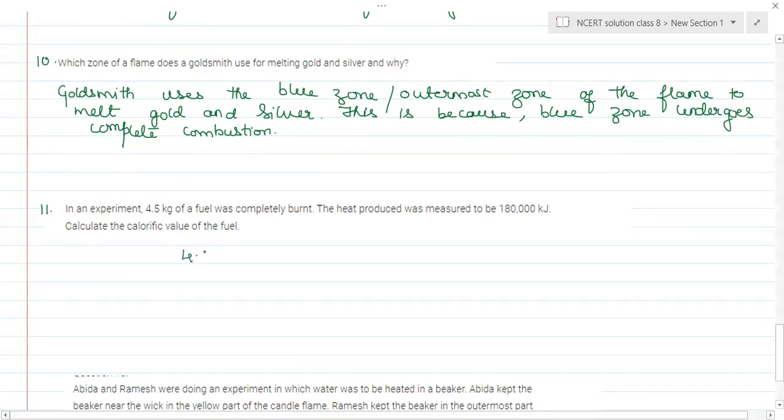So you should write 4.5 kilogram of fuel produces 180,000 kilojoules of heat.